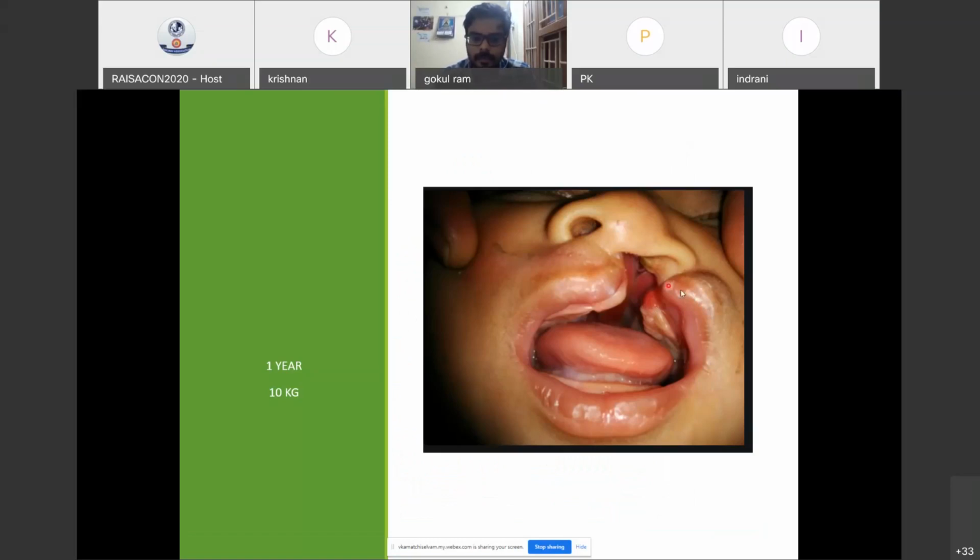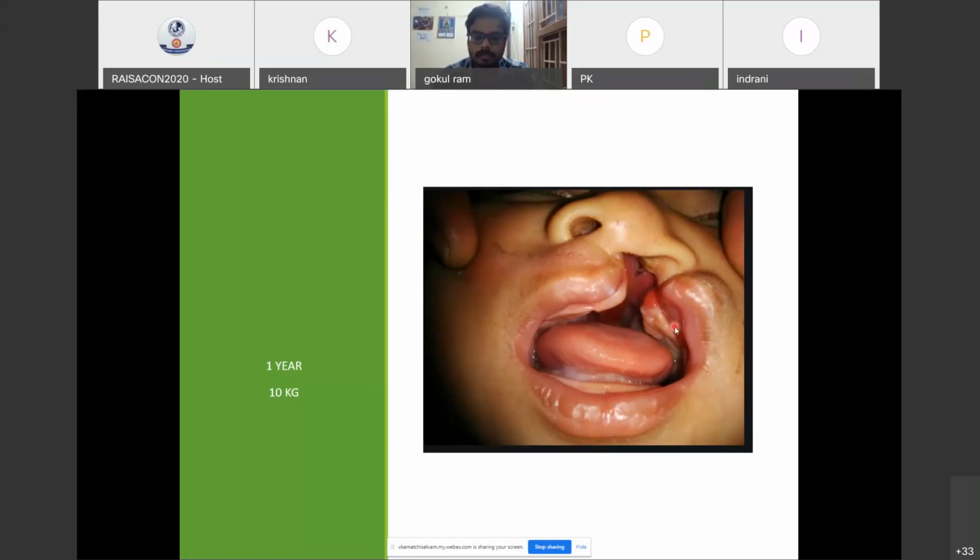But you have not mentioned one important thing. Which side is it? Left side, sir. Can it be on the right side also? Yes, sir. It can be there. So can there be any anesthetic significance with having a cleft lip on the left side?